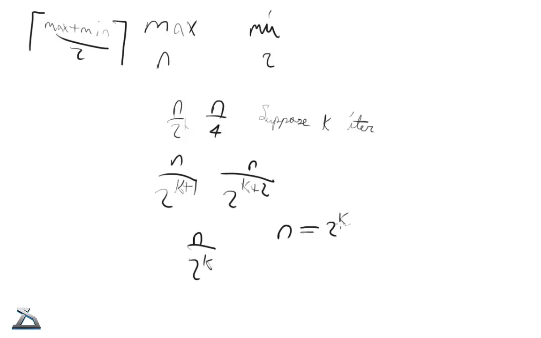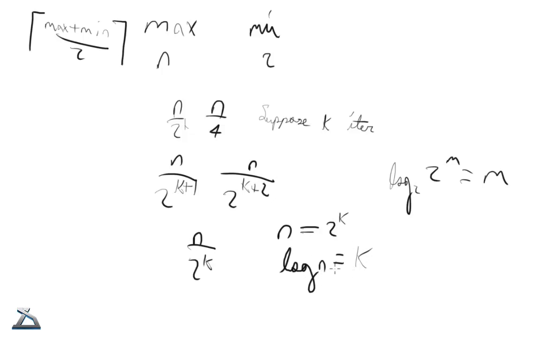And so this is k iterations. So if we take the log of both sides, remember that this drops because if you take the log of 2 to the m for any m, it'll just equal m. So taking the log of 2 to the k is just k.